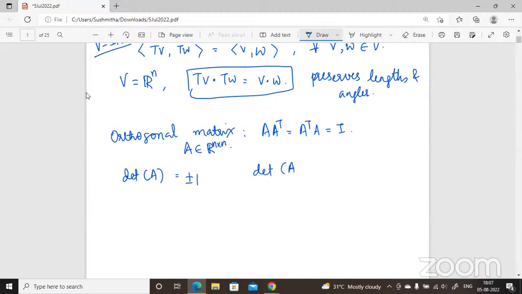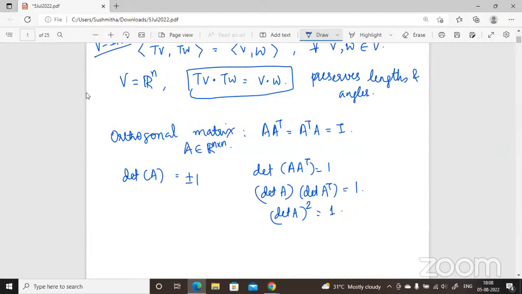Because the determinant of A transpose A is equal to the determinant of the identity matrix, which is 1. This is nothing but determinant of A into determinant of A transpose. But determinant of A transpose is equal to determinant of A. So determinant of A whole squared is equal to 1. So the determinant of an orthogonal matrix has to be plus or minus 1. So an orthogonal matrix is always invertible.